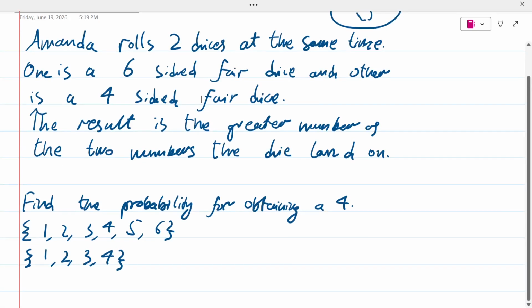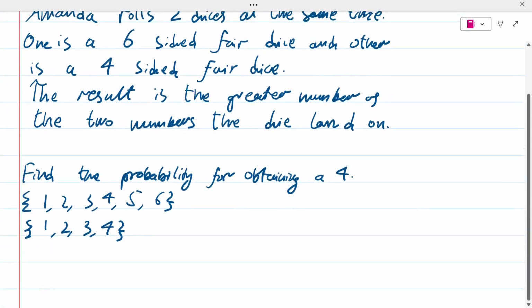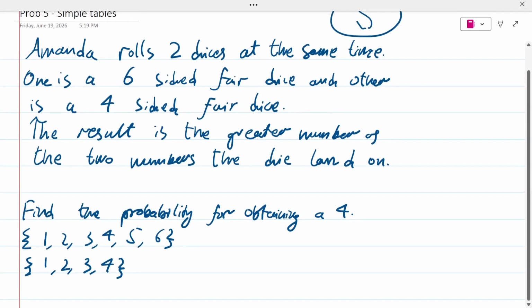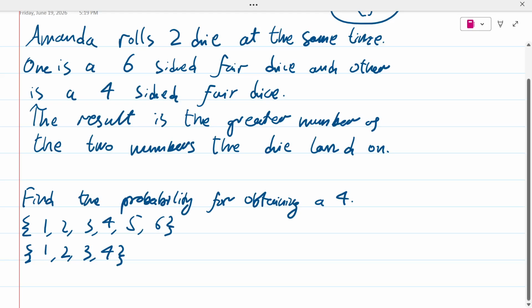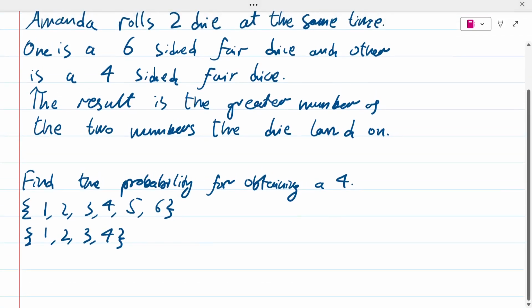It's equal. Now look. In these types of questions, the structure is that two things are going to be happening at the same time. Either two dice are going to be rolled, or not dices, two die are going to be rolled. This is not DIE. Either two dice are going to be rolled or two coins are going to be flipped at the same time, and then they're going to tell you what the result is, right?